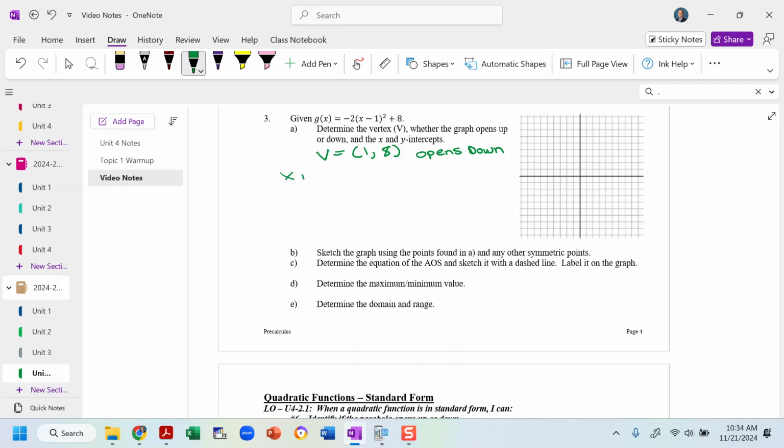Now, as far as the x-intercepts go, so we subtract 8, divide by negative 2, and then take the square root.